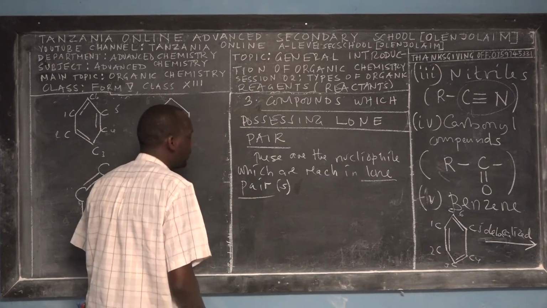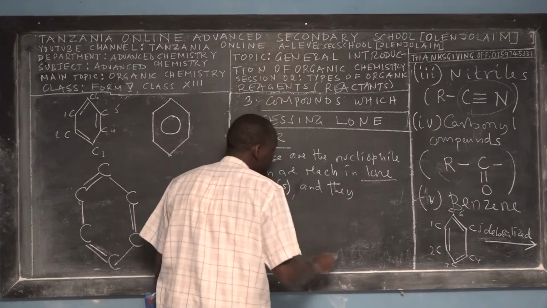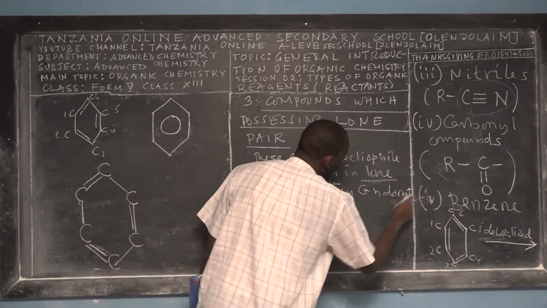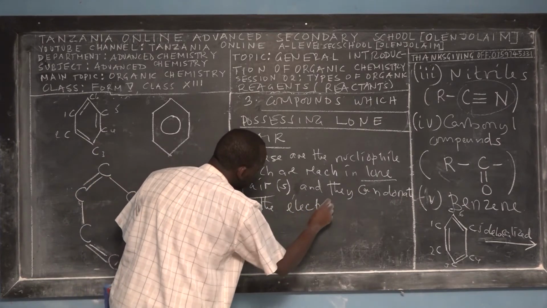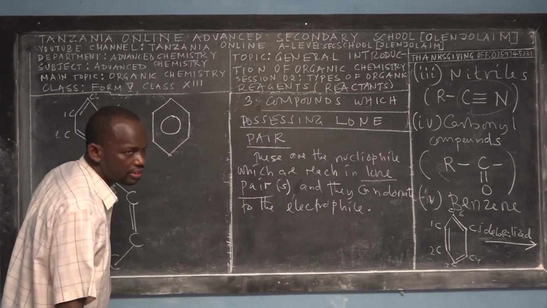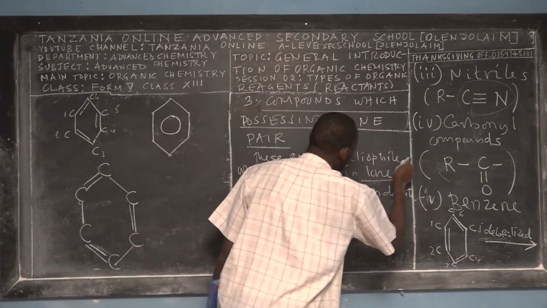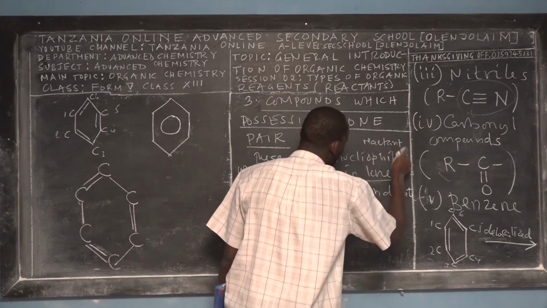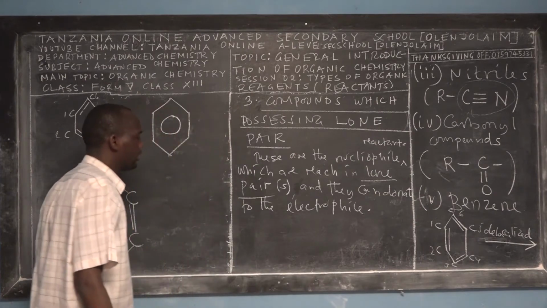Okay? Rich in lone pair. And then, something can be rich in lone pair but cannot donate. Okay, and then they can donate to the electrophile, which I'm going to teach you what it means. Right? So these are the nucleophile compounds or nucleophile reactants, reactants which are rich in lone pair.